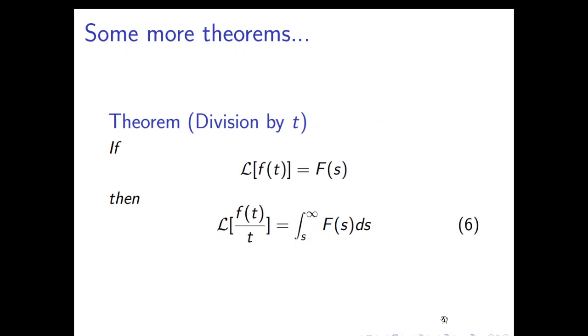That result can be extended: if we divide a function f of t by t, then its Laplace transform is given by the integral from s to infinity of F of s ds.